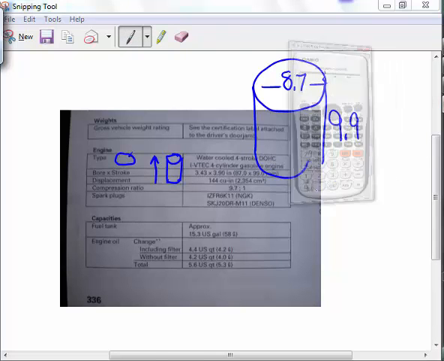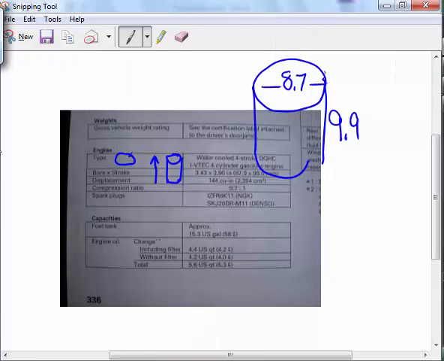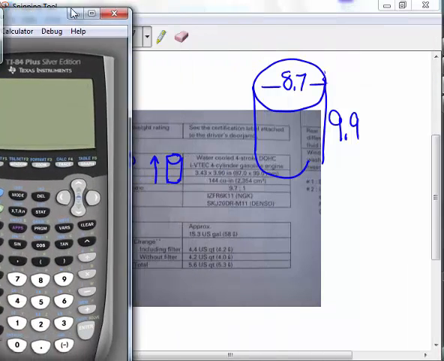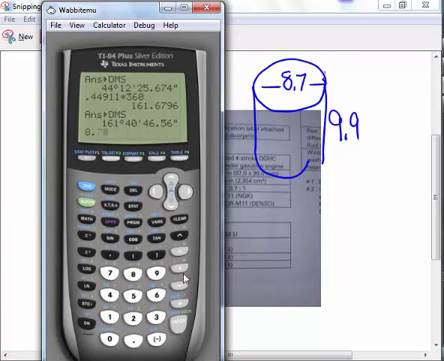So if we take our calculator and multiply, it's 8.7, but it's half of that. So 8.7 divided by 2, because remember that's the radius, and so we get 4.35.